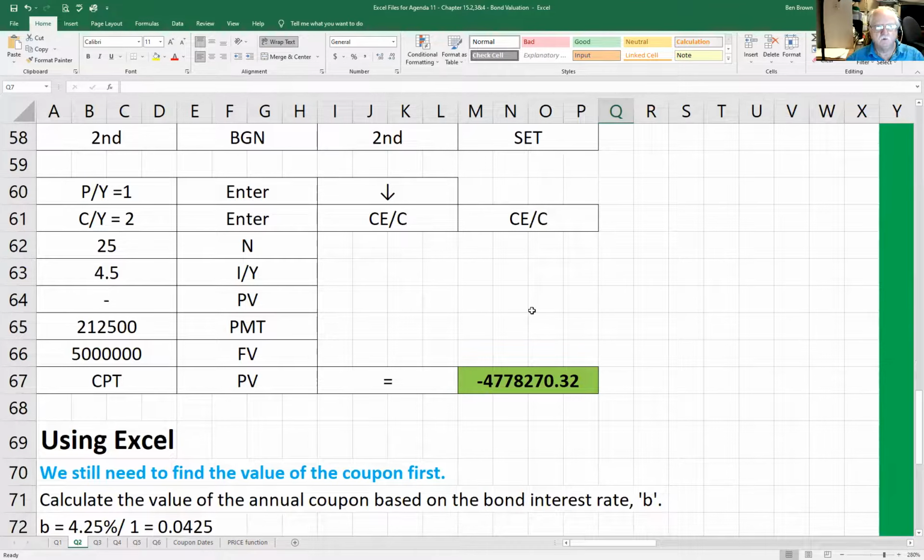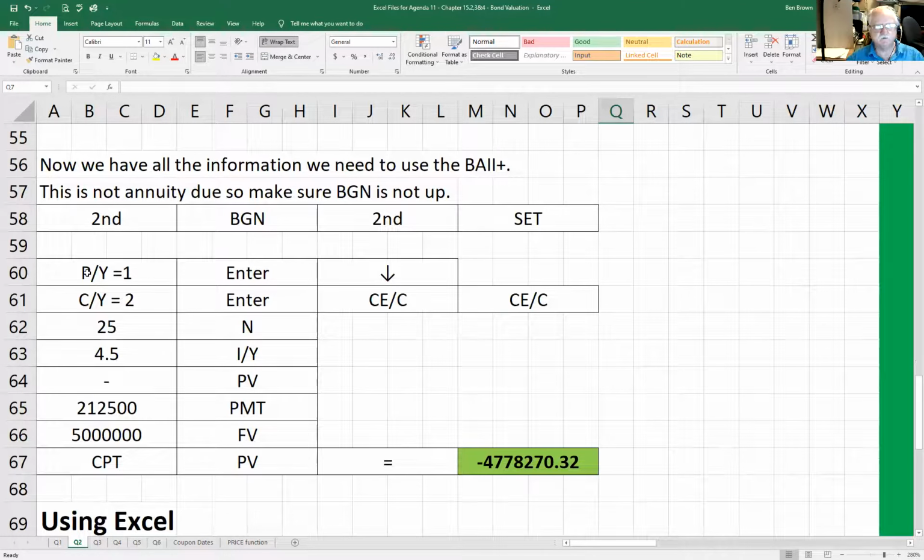So we have to set PY and CY separate because the payment periods and the compounding periods were different. N is 25. The interest rate is 4.5%.